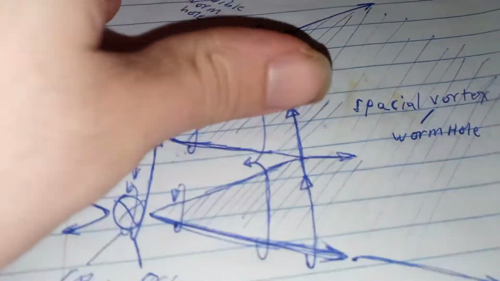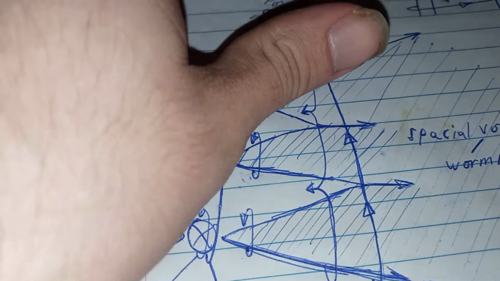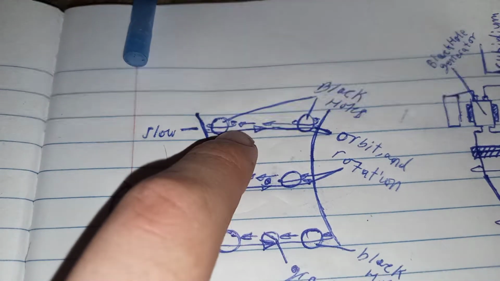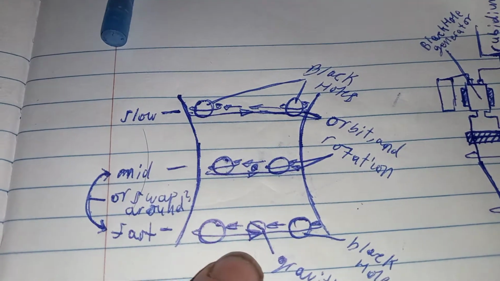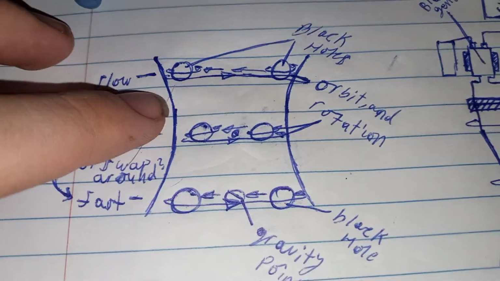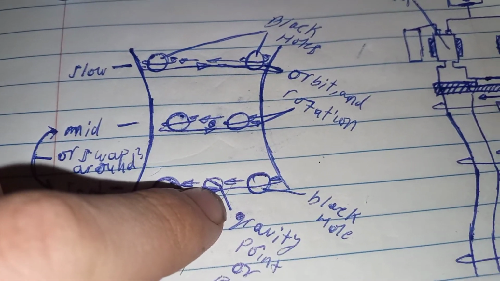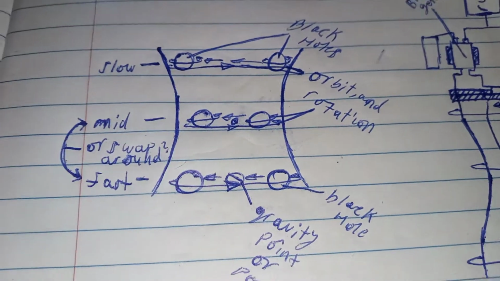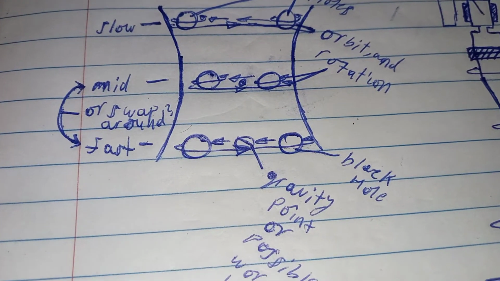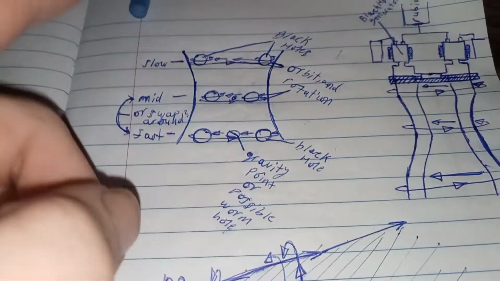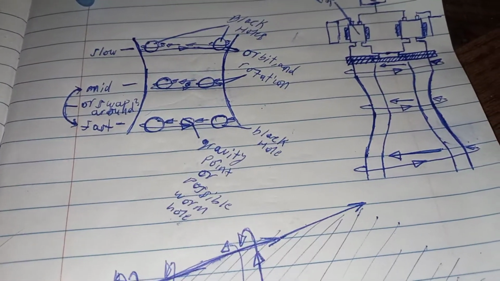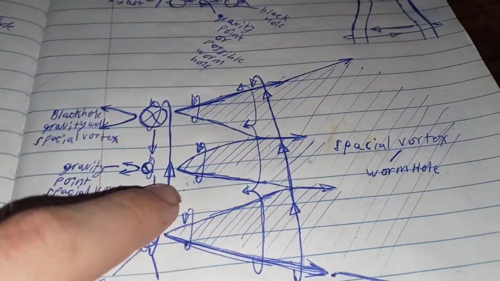Now, why try and do it like this, where you would start from here, then go from here to here? Well, to create that gravitational point there. If you don't create a gravitational point for the black holes to rotate around, to orbit around, then you won't be able to create your wormhole.